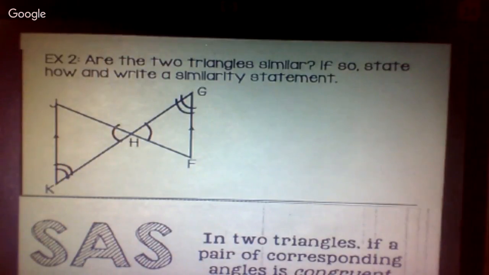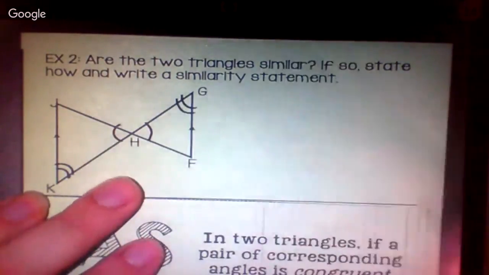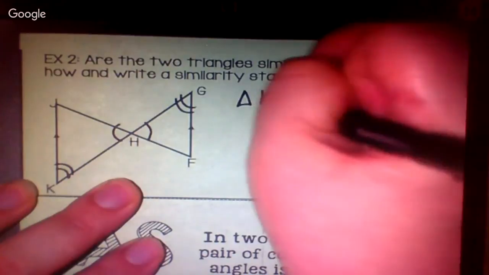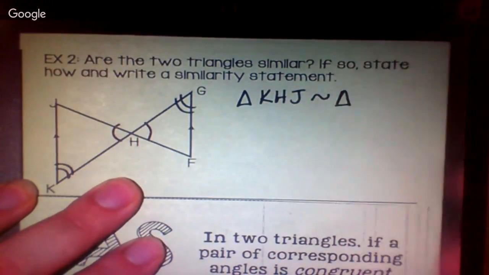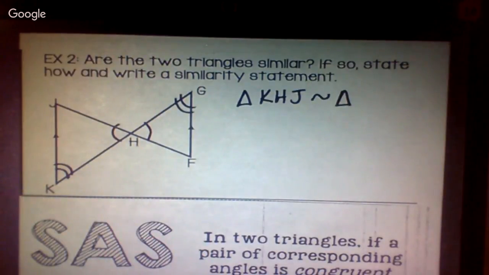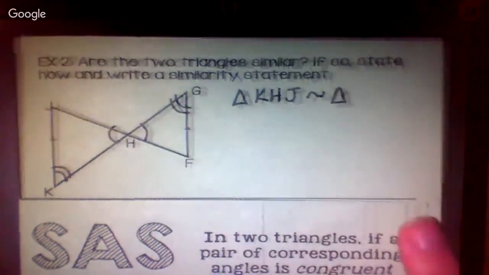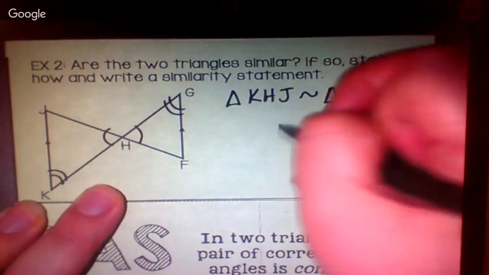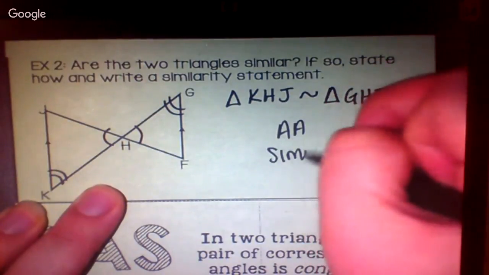Even though they don't tell you that they're the same, you can prove it from what you know from before. They're inside those parallel lines on the opposite side of your transversal. So now that you know that these two are the same, I can say that triangle KHJ is similar to triangle GHF. And again, this is AA similarity.